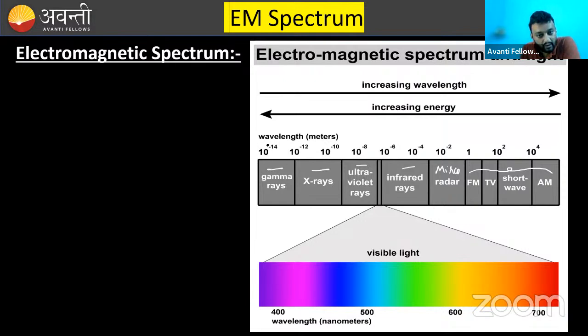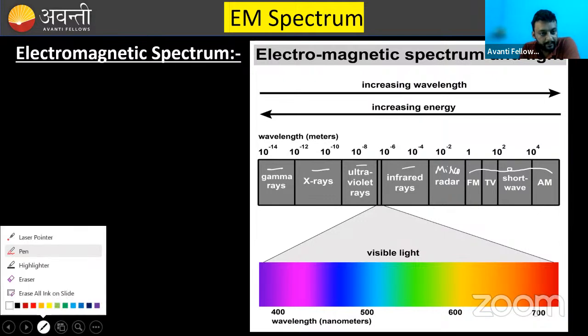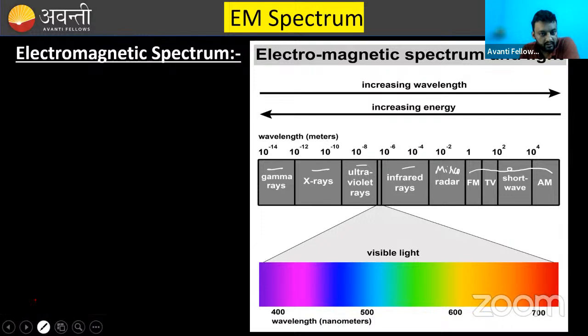If gamma rays have the lowest wavelength, then their frequency will be maximum, highest frequency. Frequency means F.